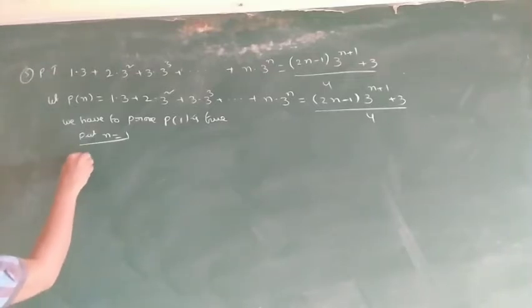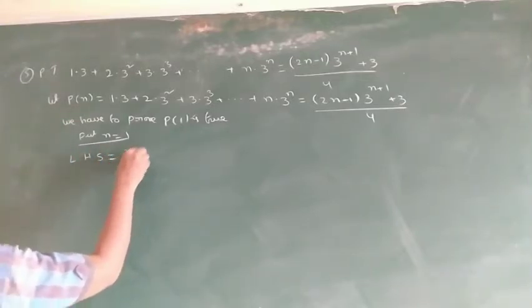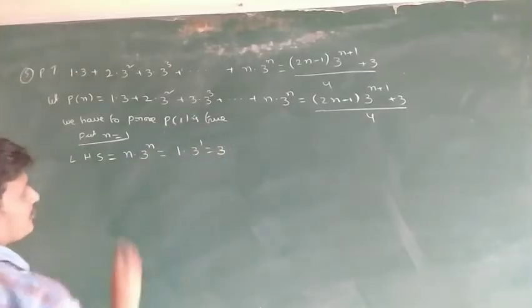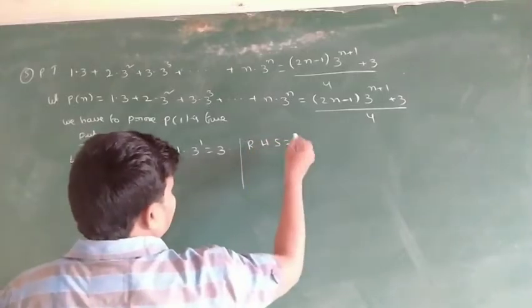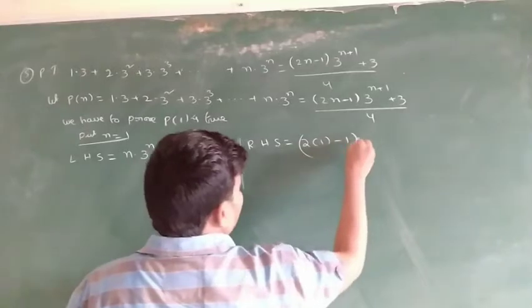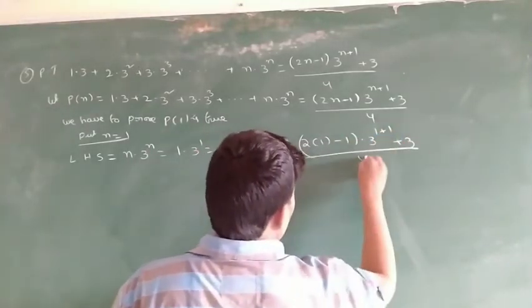So LHS. What is LHS? n into 3 power n. So 1 into 3 power 1 is equal to 3. So RHS. What is RHS? 2 into 1 minus 1, into 3 power 1 plus 1, plus 3 by 4.